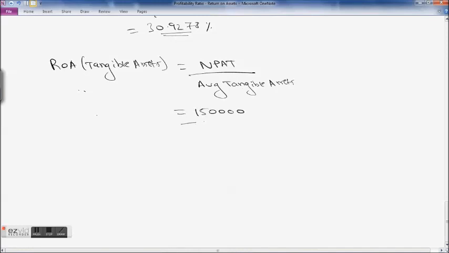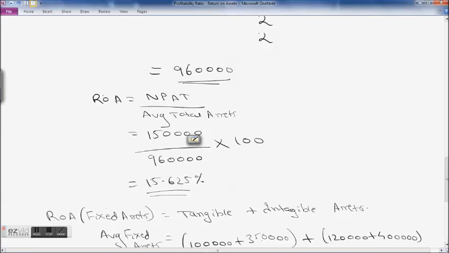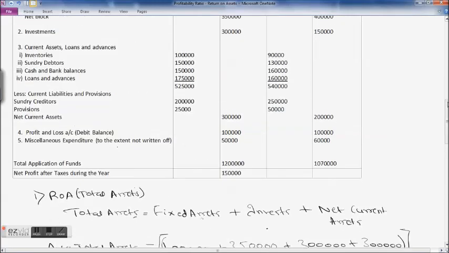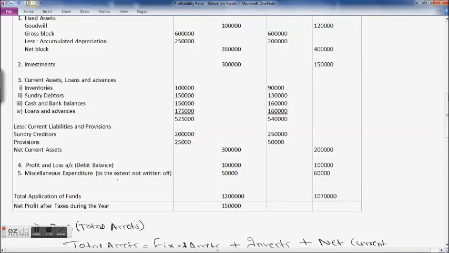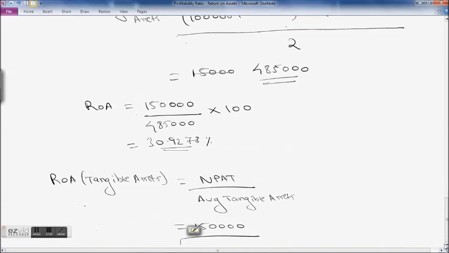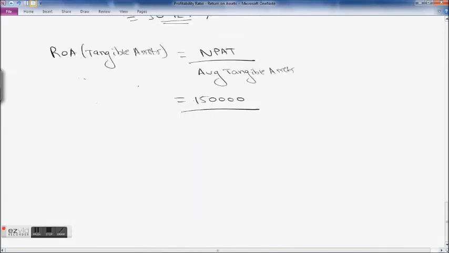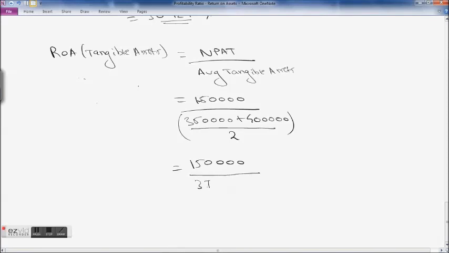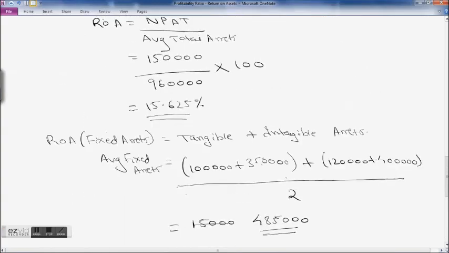Net profit after tax is 1,50,000 divided by our average tangible assets for 2 years. Average tangible asset is 3,50,000 plus 4 lakh divided by 2, which is 3,75,000. Into 100, that is 40%. So return on assets on tangible assets is 40%.